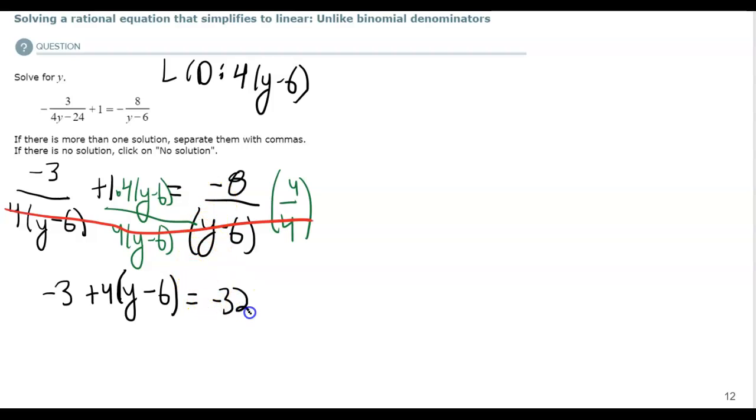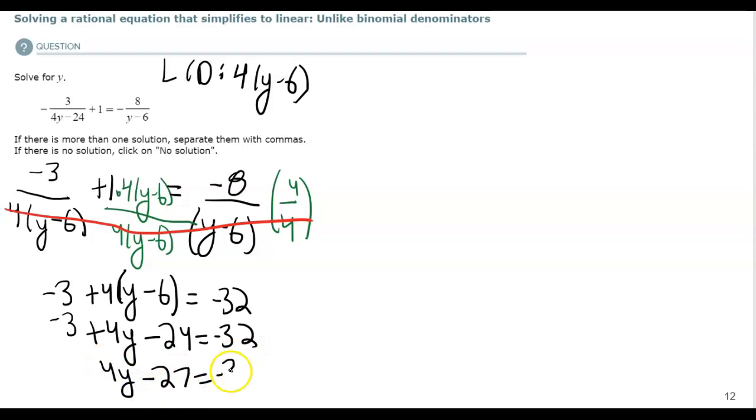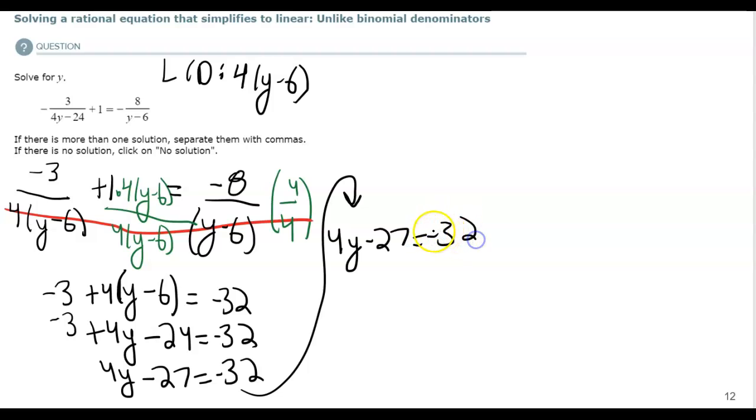Negative 32. So now this is just a solving game of combining like terms. So I want you guys to try to stop and solve this on your own and see if it affects your excluded value.